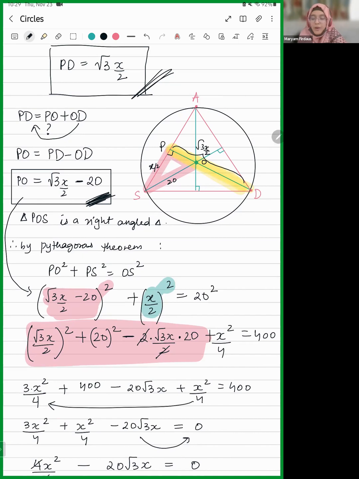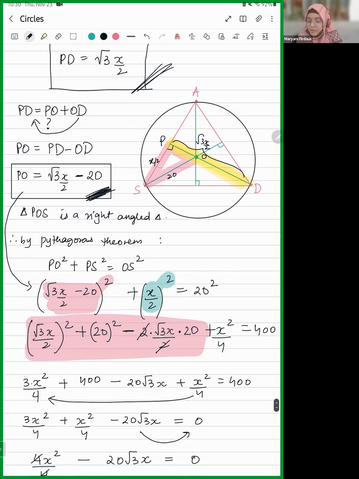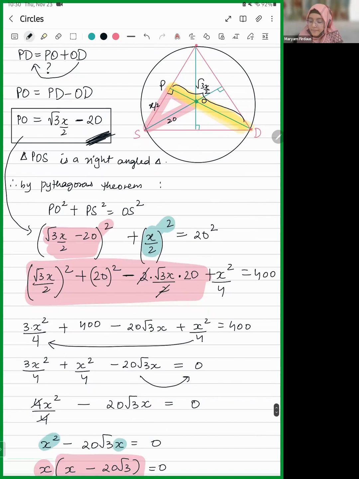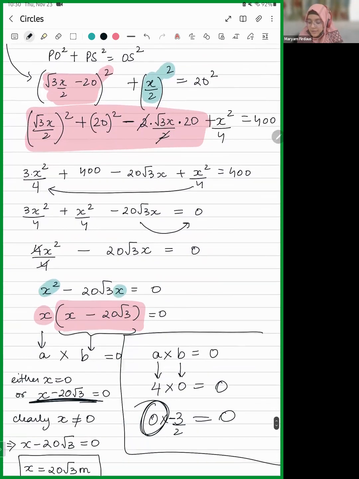We know OD, so we found out PO. Now, POS was a right angle triangle, and for that right angle triangle, we applied Pythagoras theorem, and from there we found out the value of x. This is what we have done in this question.